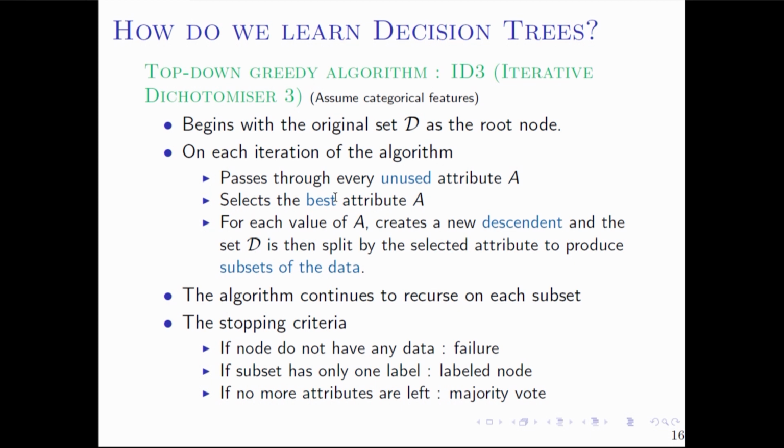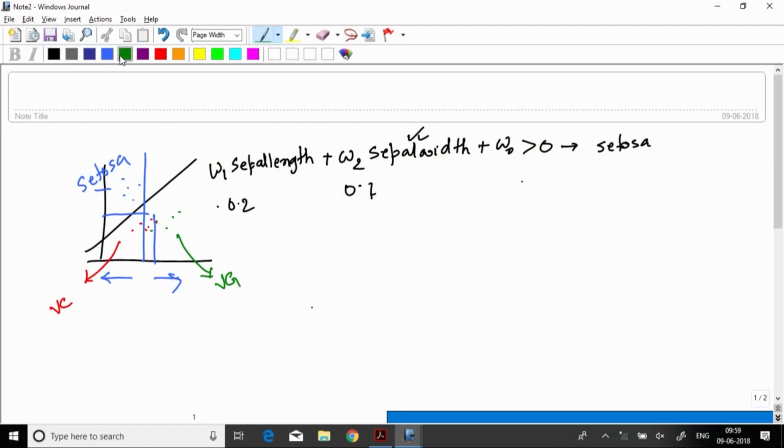And sometimes it will not break again even if there are mixed samples, because we'll see that by breaking it we are not able to do much better. So how will it be?